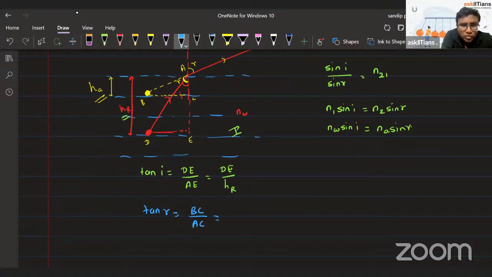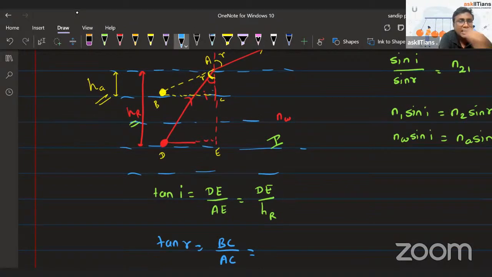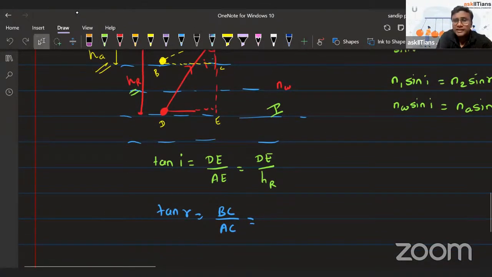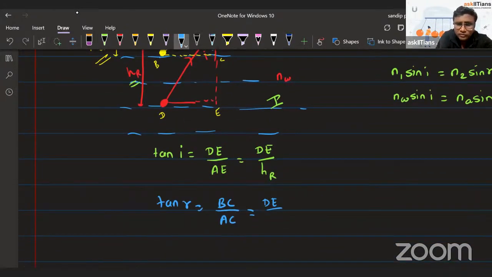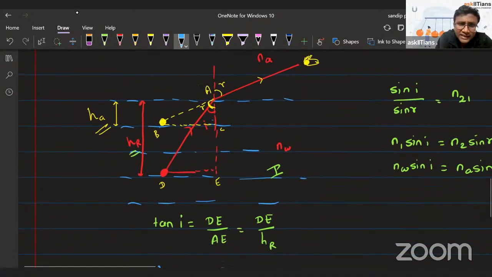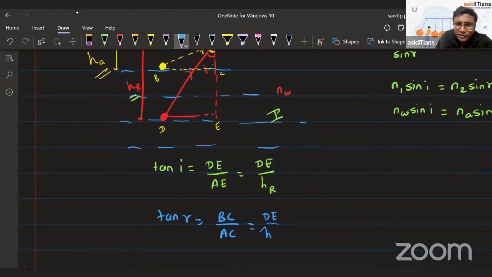You can also observe that BC and DE are exactly equal, so instead of BC, I can say DE divided by AC, and AC is nothing but your HA, the apparent depth.